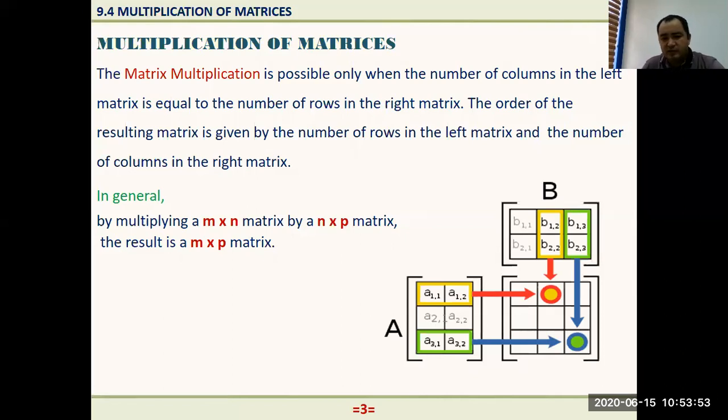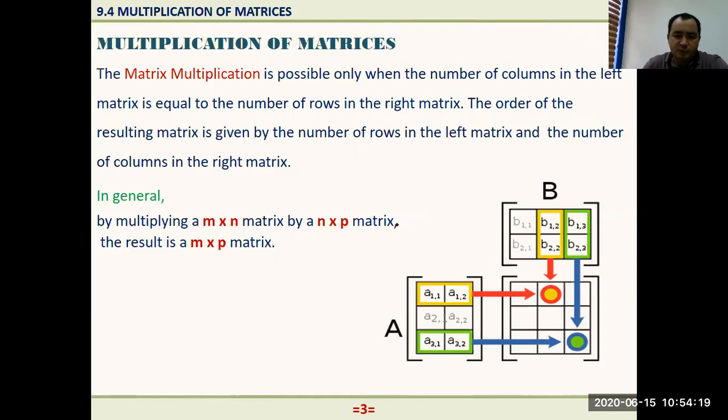When they see some operations very frequently in the process of solving problems, they define something special, and after that it is used in solving problems. One such thing is matrix multiplication.